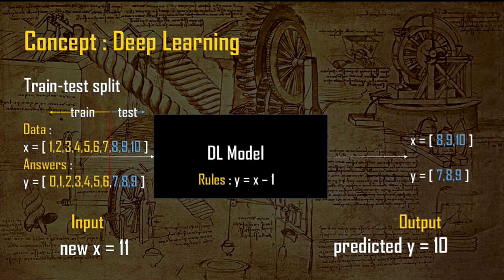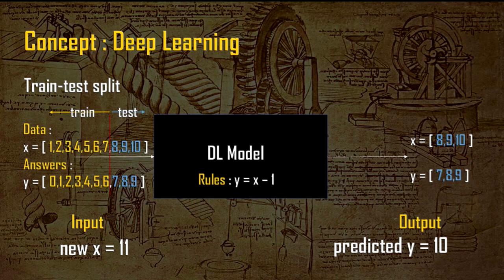The answers, for example, would be 7, 8, 9, and the prediction maybe 7.5, 8.2, or something like that. Then we compare with the test answers, and from that we get a percentage of how accurate the prediction is, and then we know that okay, it has predicted, but it's only 70% accurate or 80% accurate.